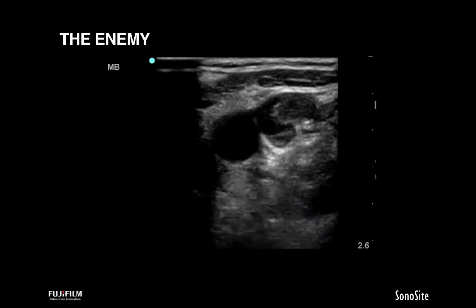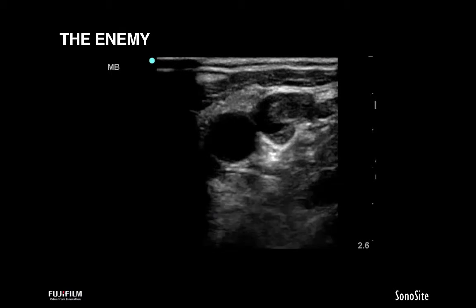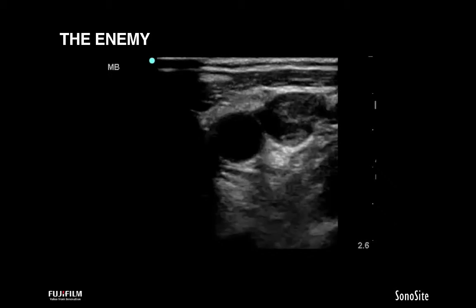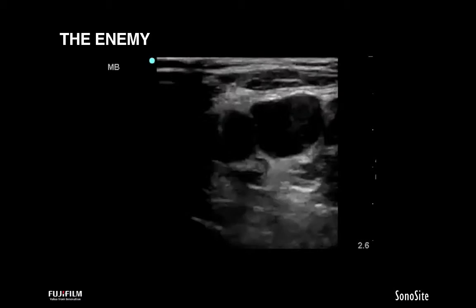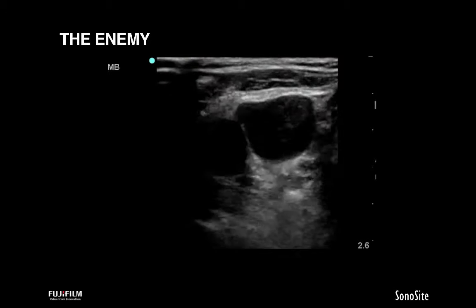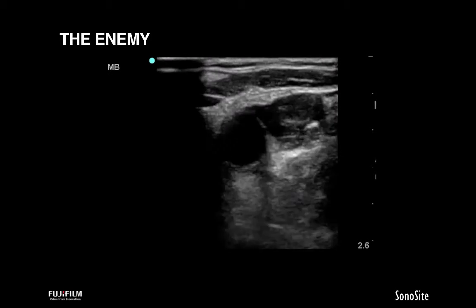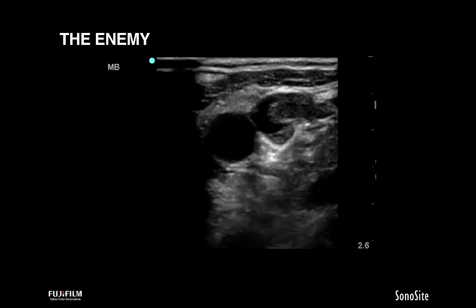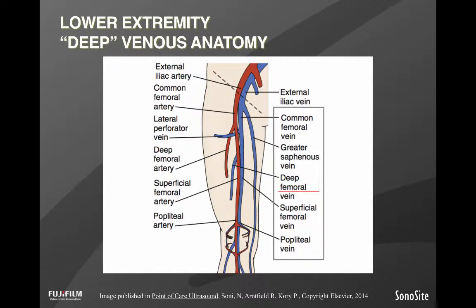Knowing that this is here tells you to avoid this site, maybe try the other side or some other site, because manipulating or violating this vein with either a needle or a catheter could cause more problems than you're looking for, as well as be unsuccessful. So just a quick look at the site where you're going to put in a catheter can sometimes reveal unsuspected findings. As you can see here, there is very easily recognizable echogenic material within a vein, which shouldn't be there, and that's consistent with thrombus.